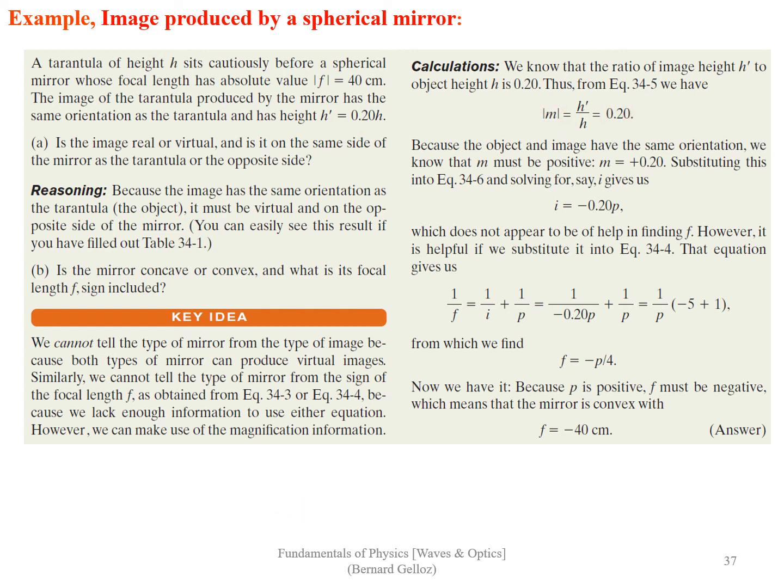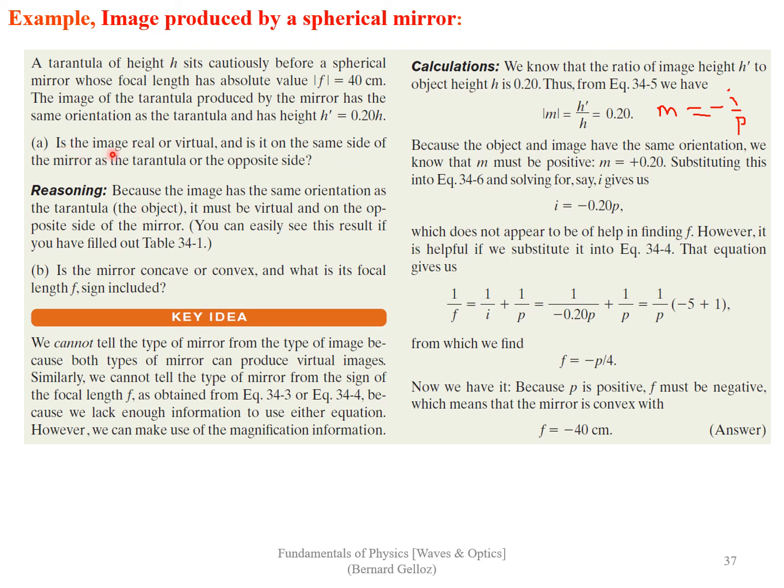And because we know that M as an algebraic variable is equal to minus I over p, this gives us that I is negative, since M is positive and p is positive. Alright, so we have a virtual image.